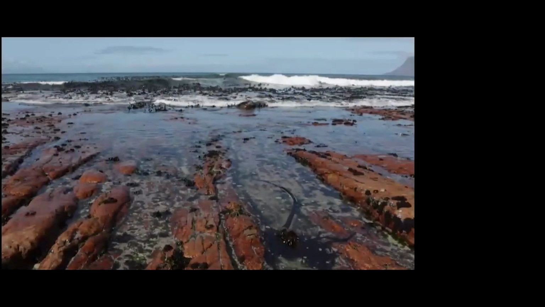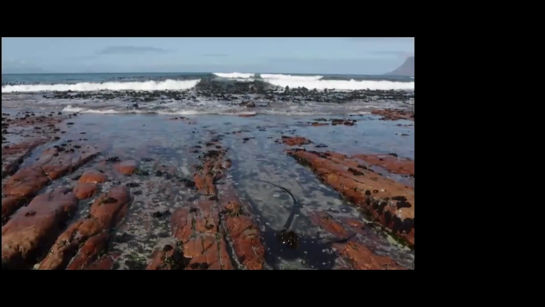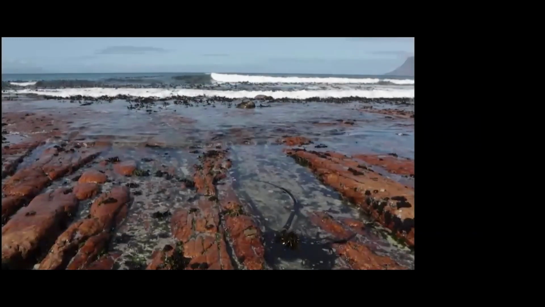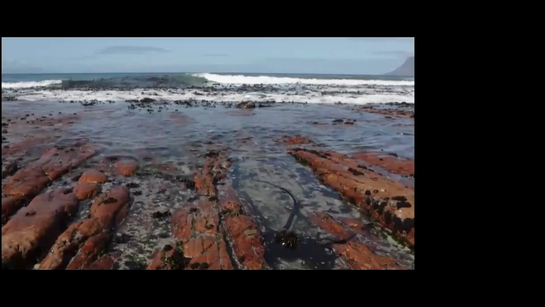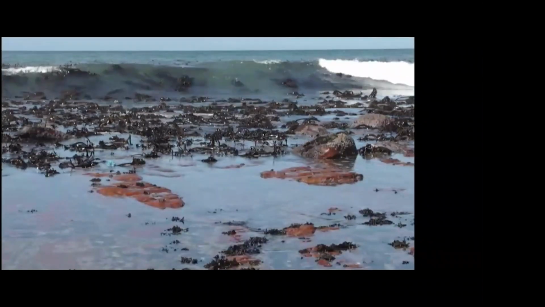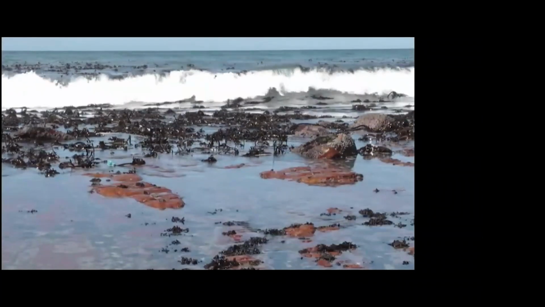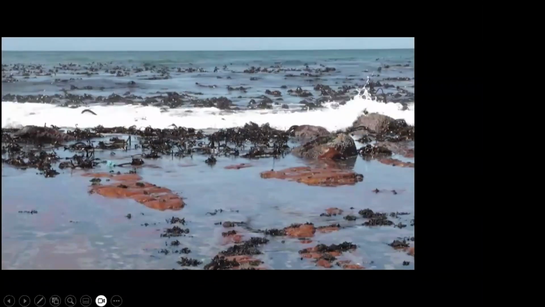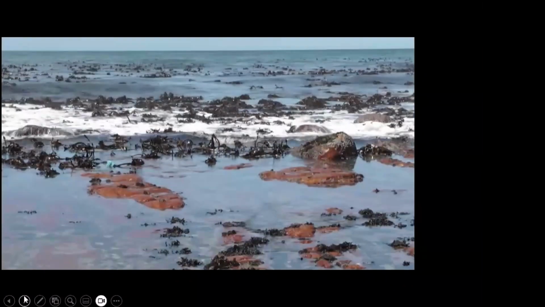So this area at the moment it's at a spring low tide, so it is a little bit more revealing. But if we were to remain there for a couple of hours, that environment would be totally covered by water again. So we have high tide and low tide, right?